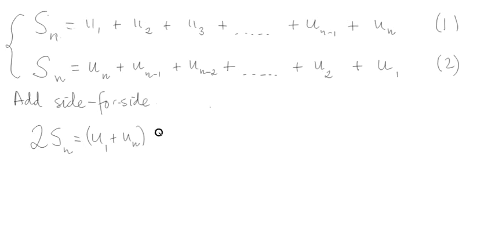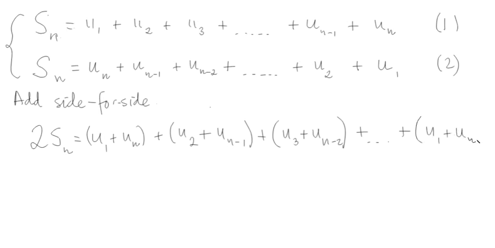I get plus u2 plus un minus 1, plus u3 plus un minus 2, plus dot dot dot plus, let's just take the last one, skip out this one, u1 plus un.